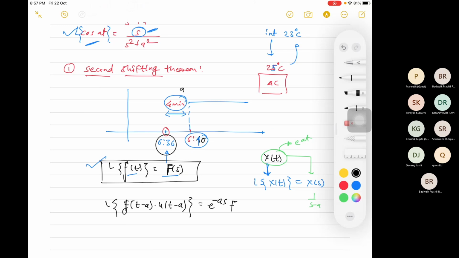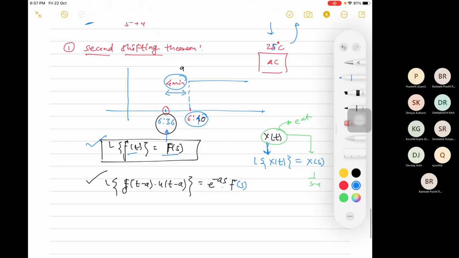I already covered this earlier, but maybe some of you missed it, which is why I'm revising it here. It is good to know. What this represents is a lag of a in the function, and this is what you can call a unit lag or unit delay, right?